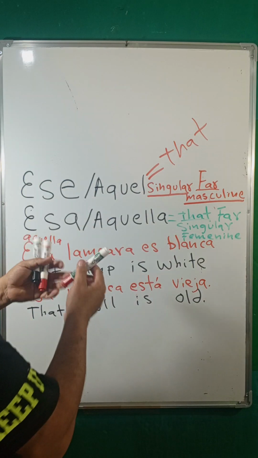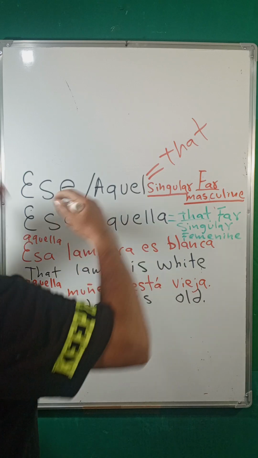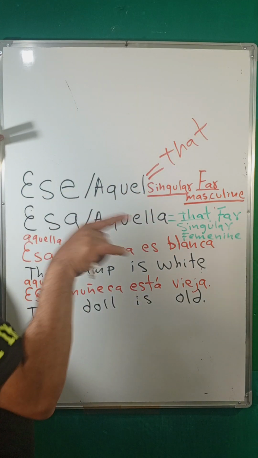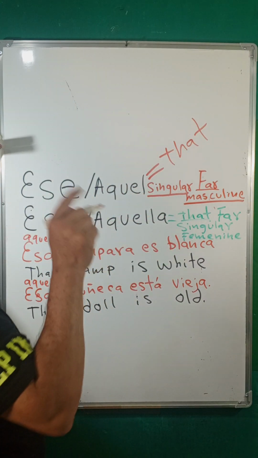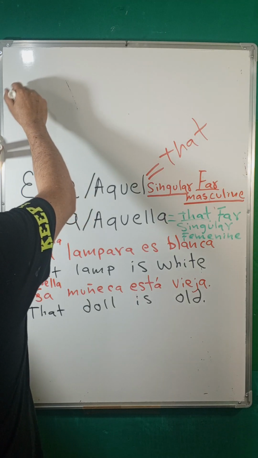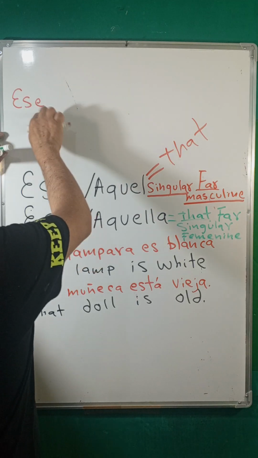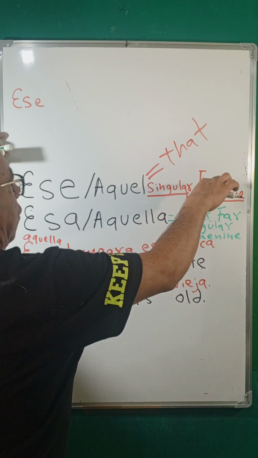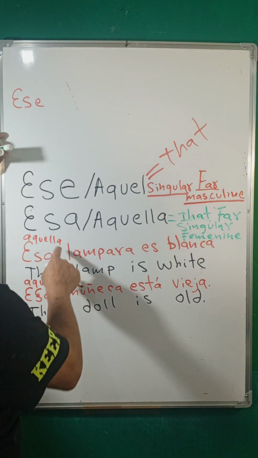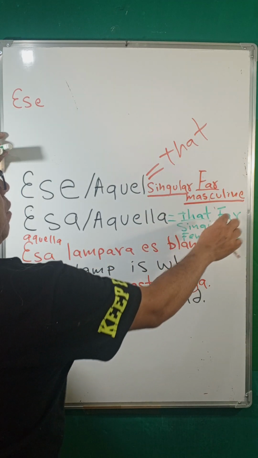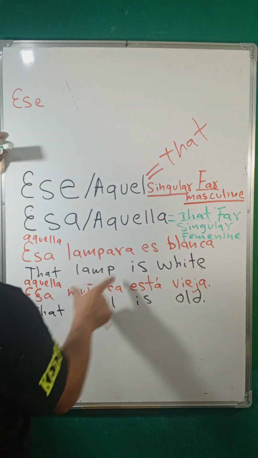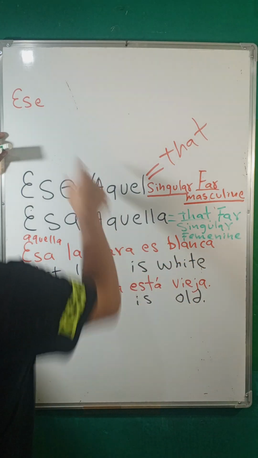For ese or aquel, we could write some examples like this one. Ese calendario es bonito. This is for singular, for masculine. The previous one was for singular feminine.